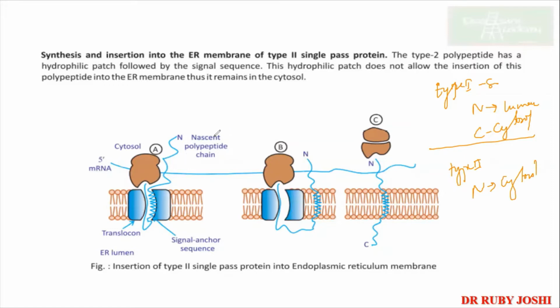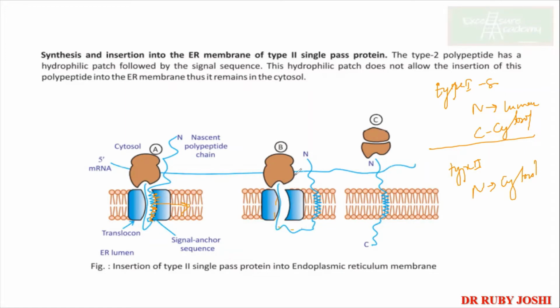You have the polypeptide chain being synthesized. Once it recognizes that the hydrophobic alpha helix amino acids start, it will start getting inserted into the translocon like this. Then it recognizes that that is enough, and only normal synthesis is required now. So this hydrophobic region we push like this, and the rest will be synthesized.